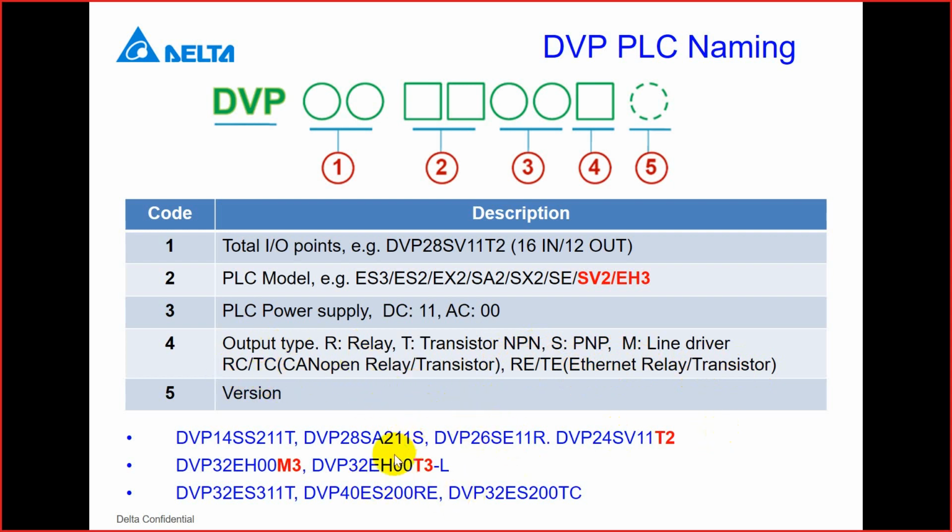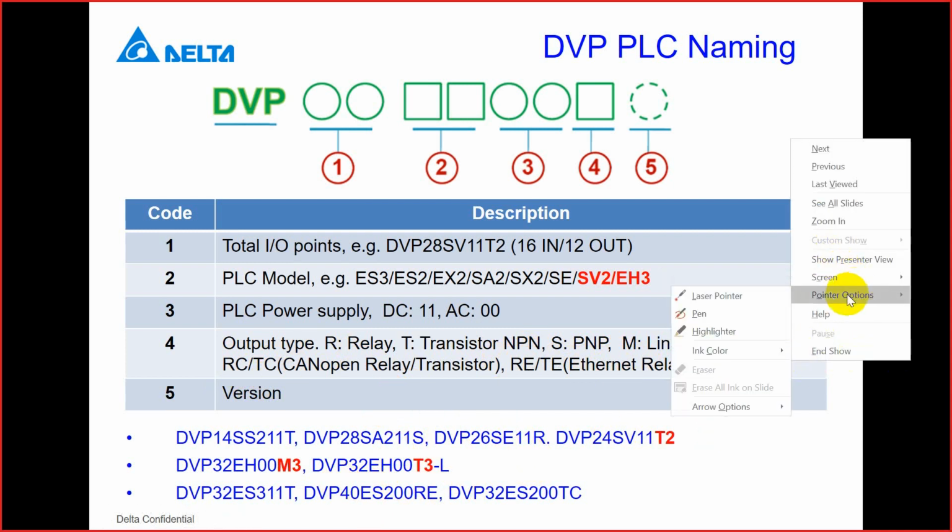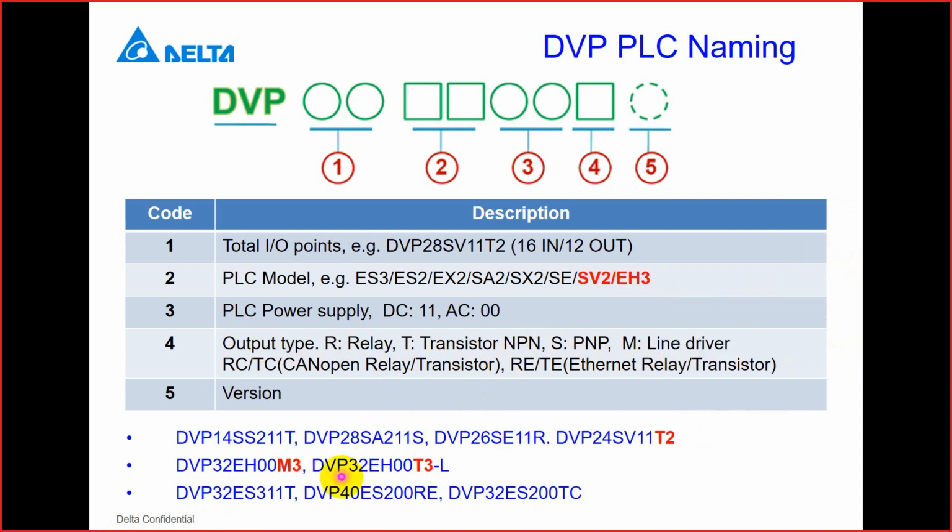Here I just want to highlight one model. These two are the special models for the EH3 series. If you still remember, we just mentioned M is for line driver or differential signal, so this one is also a two-channel differential input and output.